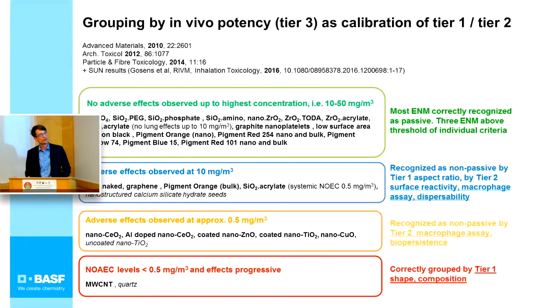And it turns out that our grouping framework correctly assigns materials because we find that they either are above the high aspect ratio or above the composition or the surface reactivity cutoffs. So in this sense, for this set of materials, which we used as a training set, this is consistent. And of course, we now need to go further. We need validation sets, and that's exactly what we are doing now. We add more materials and see how this framework performs.